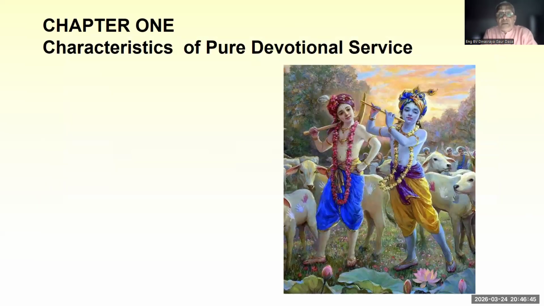So, the characteristics of pure devotional service. Pure devotional service is devotional service which involves activity. Not only devotion, it also involves activity. And what are the activities? All the activities done by mind and senses collectively for the pleasure of Krishna. No personal sense gratification is involved in pure devotional service. Secondly, there is no material contamination.